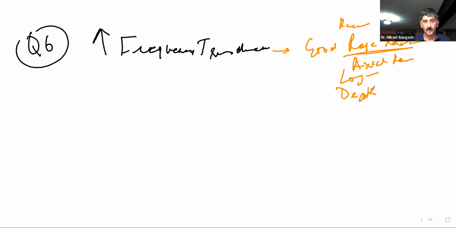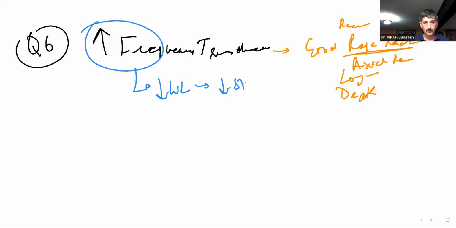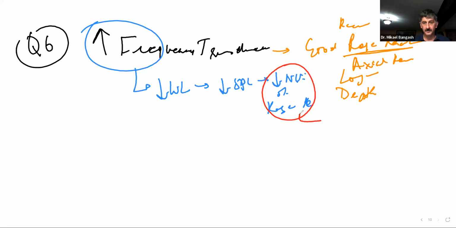Obviously, this has already been established, either by just remembering, or because this high frequency gives a lower wavelength. That lower wavelength means lower spatial pulse length, lower numerical value of, in this case, range resolution. And we have already said that a low numerical value will lead to a good resolution.